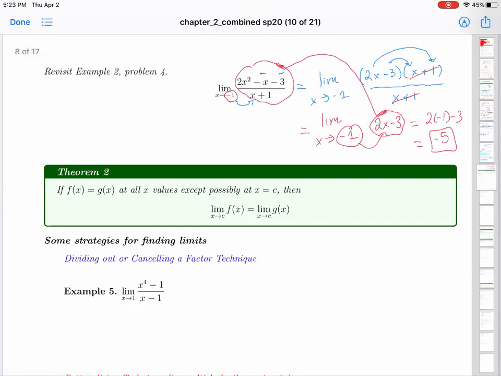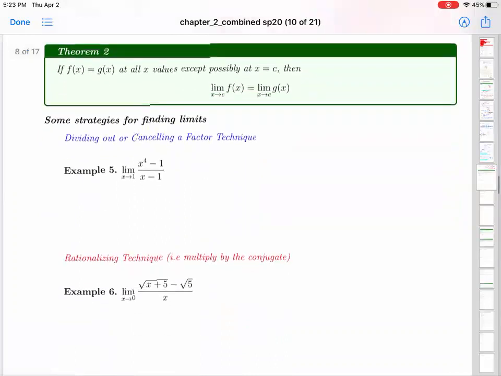And how can I know that this limit is the limit of the original function? I know that because I can use this theorem.